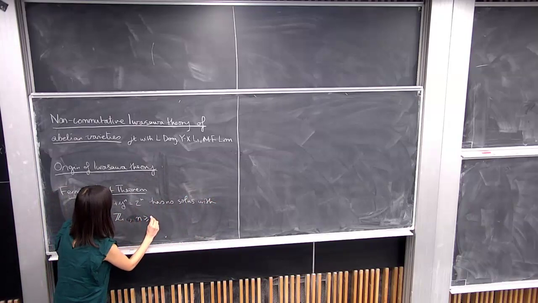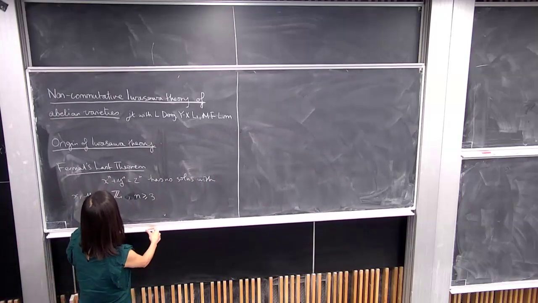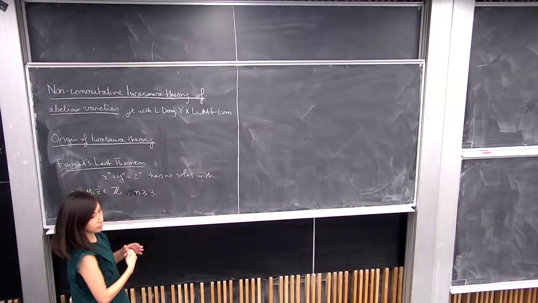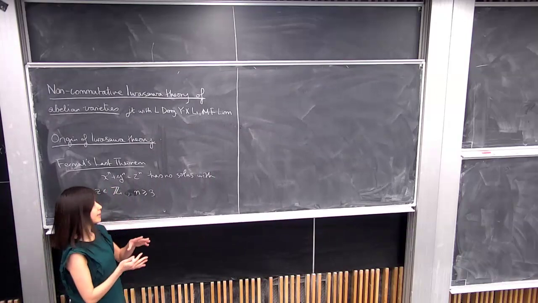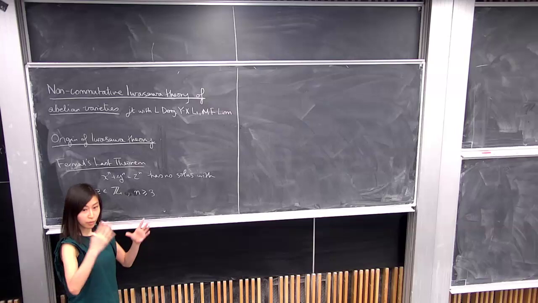And when you think about this problem, well, if n is a composite number, then you can write n equal to g times h, and then x to the n is x to the g to the power h.